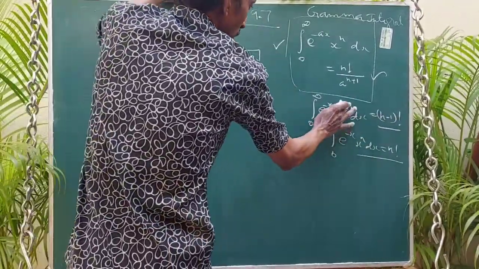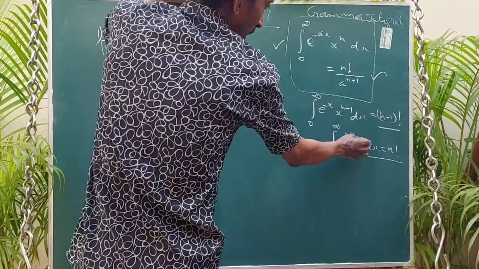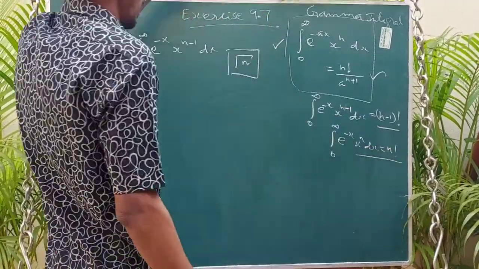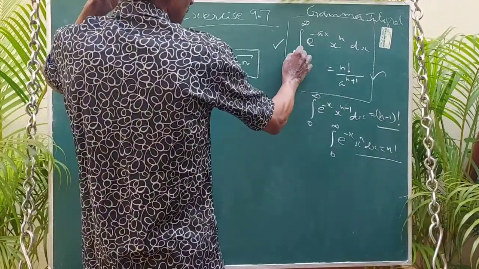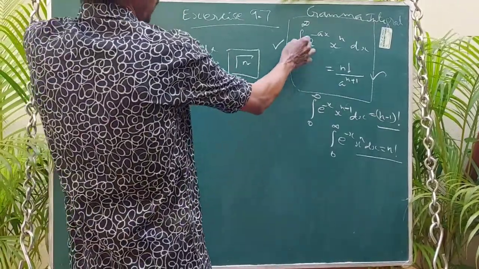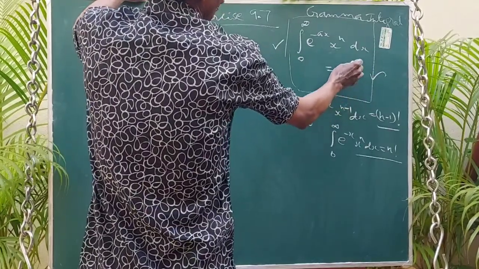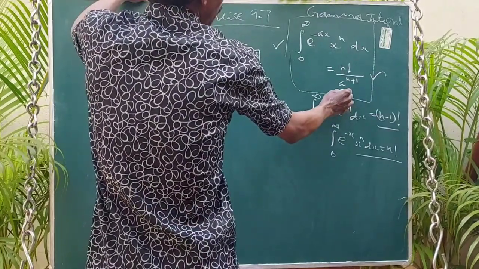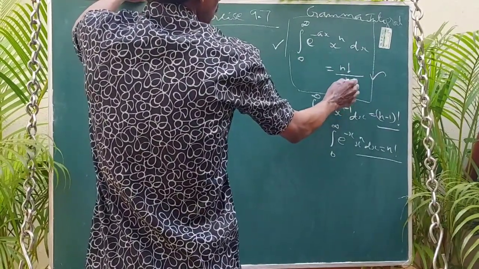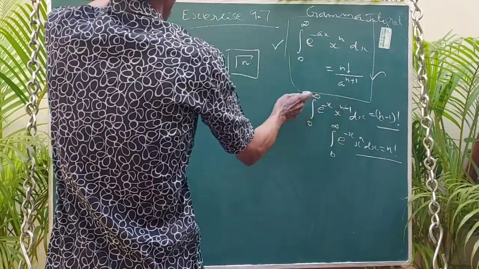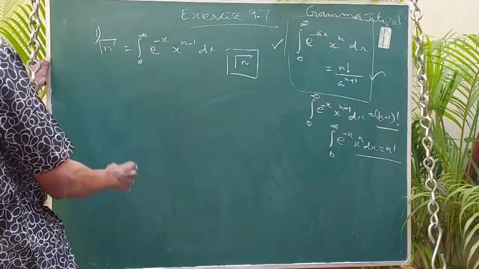Not n plus 1, n minus 1. If x power n is present, it means n factorial. So according to me, remember this as the gamma integral: integral 0 to infinity e power minus ax into x power n dx equal to n factorial by a power n plus 1. Okay. So remember this as a gamma integral, or it is denoted by gamma of n.